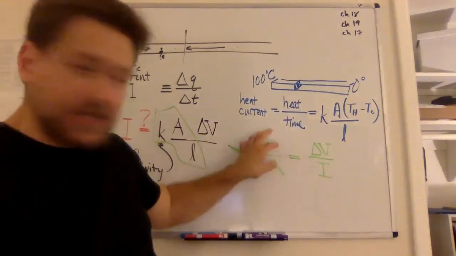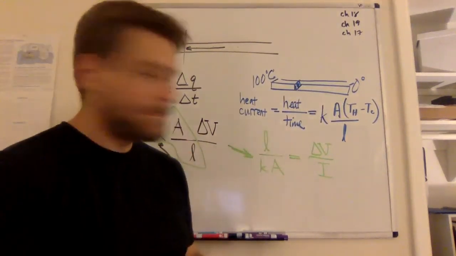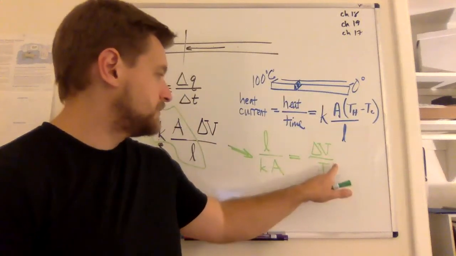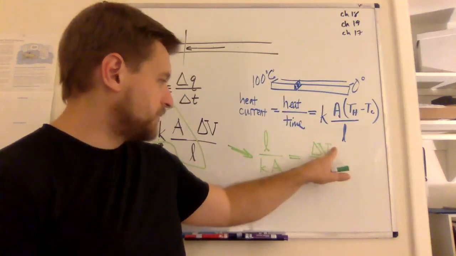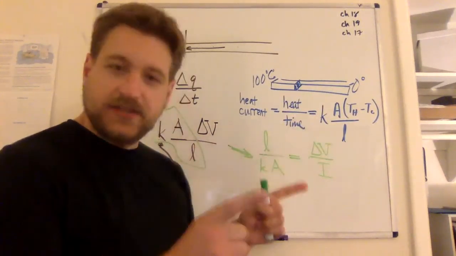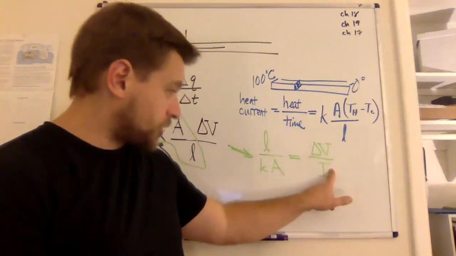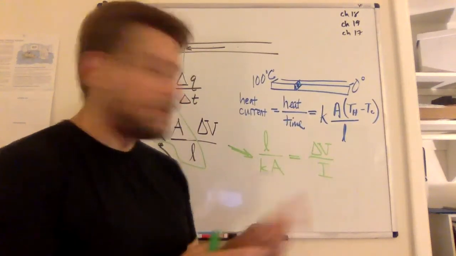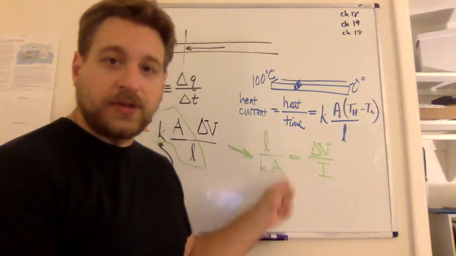So this left-hand side is constant. That the ratio between the voltage, the potential difference from one end to the other, and the current flowing through that much stuff is constant according to these parameters.